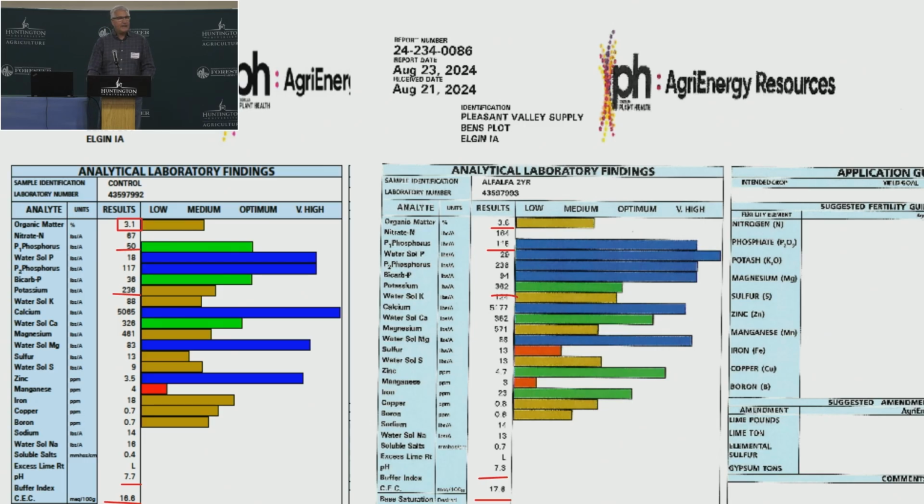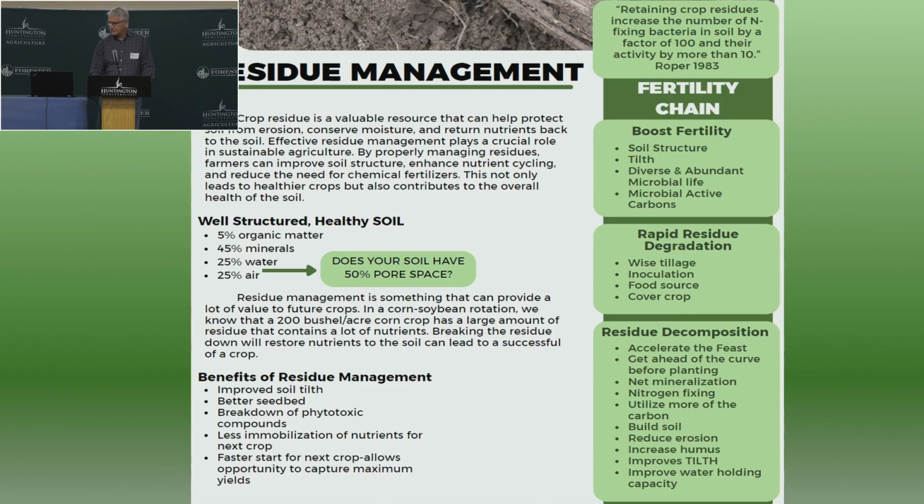So what I'm getting at, it's very important to get our crop residues to break down and cycle those nutrients before we grow the next crop, especially if we want to do it with reduced inputs. So again, residue management, we want to get to that 25% air, 25% water in the soil.